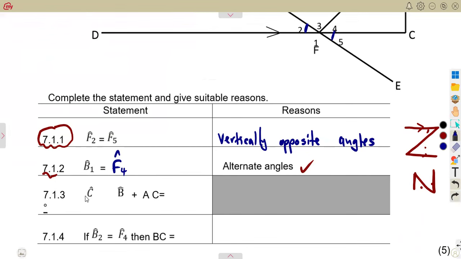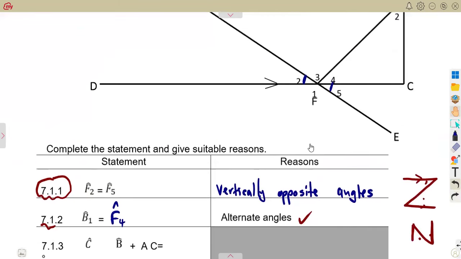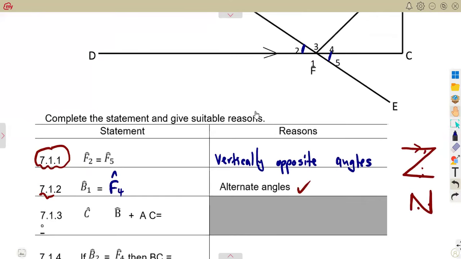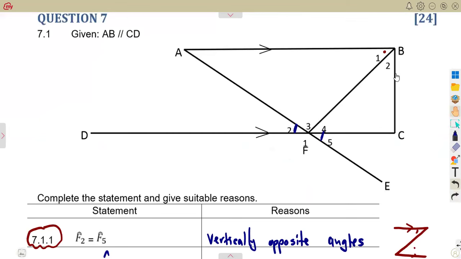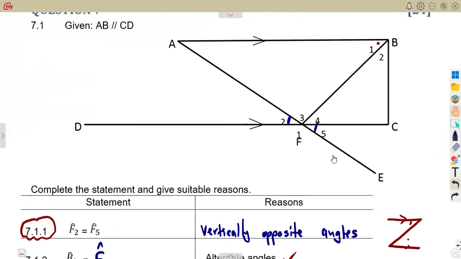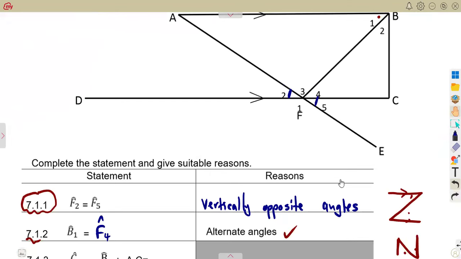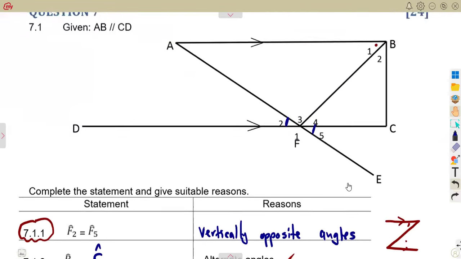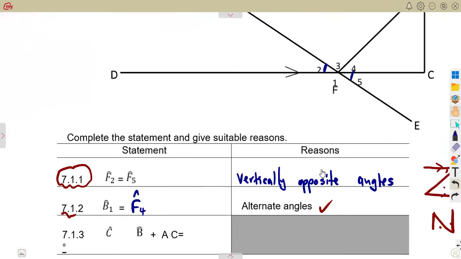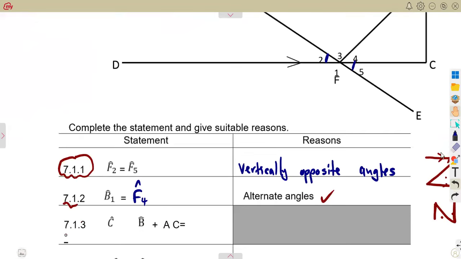7.1.3. There we are given C, then we have got B, plus A. They are considering this C and B, which is this one, and there we are given AC. That is just a mistake that was given there. They wanted to consider this angle A, B, and that one at F. The way that is written here, you might not even understand what is happening.